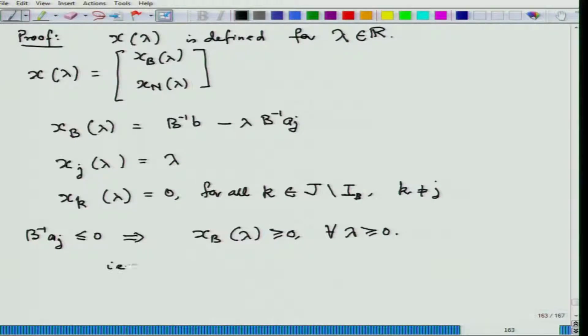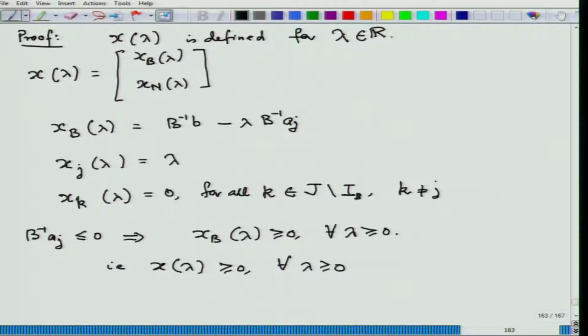So, in general x lambda is greater than or equal to 0 for all lambda greater than or equal to 0. When lambda is non-negative, the negative of this makes it non-negative, and this is already greater than or equal to 0 because B is a feasible basis.